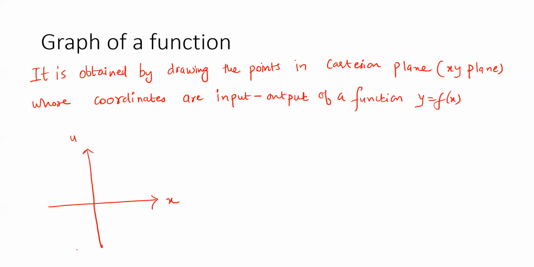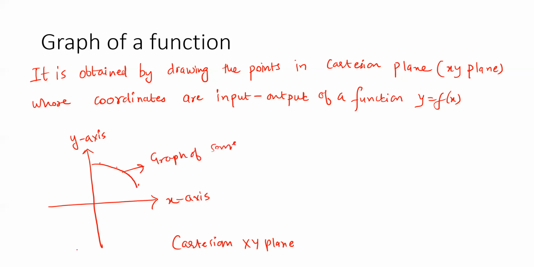For example, you have the x-axis, y-axis. So this is our Cartesian xy plane. And these are, say, points obtained from a function. When we join those points, we get the graph of that particular function, say y is equal to f(x).